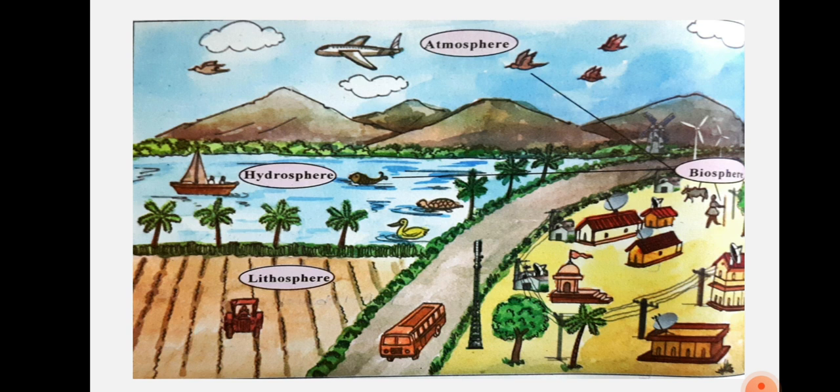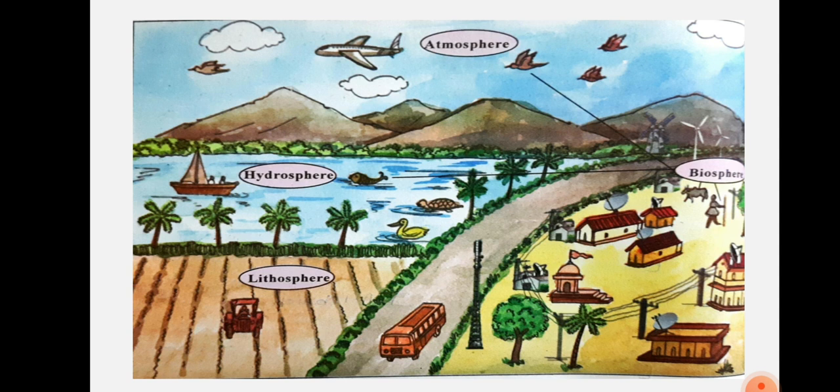Now, just have a look on the picture that is shown on your screen. See, lithosphere means land, hydrosphere means the water body, atmosphere means the layer of gases around the earth, and biosphere means combination of these three layers where the living organisms exist.